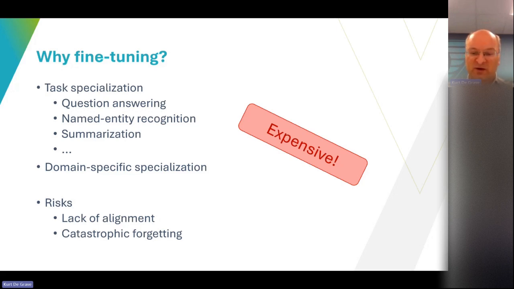So you have a task you want to be done, and just prompting is not good enough. If you ask the model, I want to do this with this text, it doesn't perform well enough or reliably enough. So you can have some training data, and then you can do domain-specific specialization of the model.